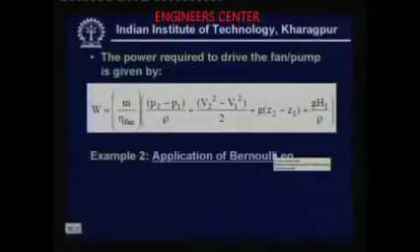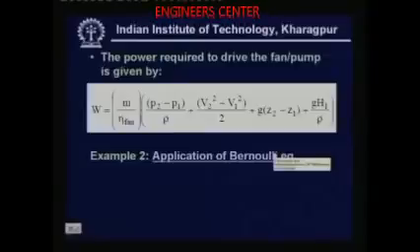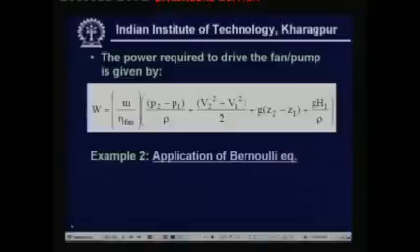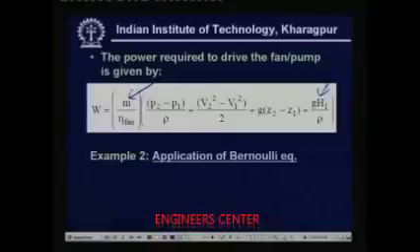Now what is the power required to drive the fan or pump under the case discussed just now? This equation gives the power requirement when you are using a fan or a pump. This again is derived by using Bernoulli's equation, and what we have here, this m dot is nothing but the mass flow rate of the fluid, and this is the head loss, and this is the static pressure at the outlet minus static pressure at the inlet.